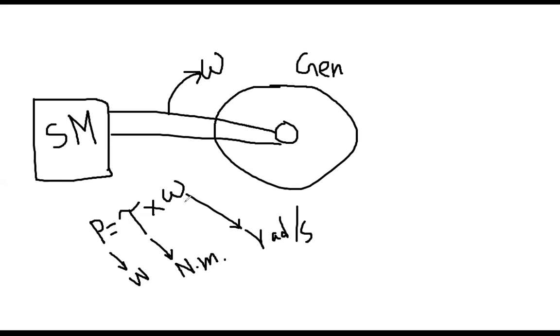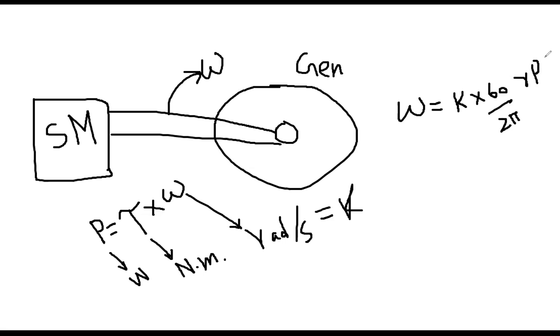From there, you will get speed in radian per second. Once you get omega in radian per second, you convert into RPM. For example, if you got the omega value K radian per second, then K multiplied by 60 over 2 pi will be your RPM value.